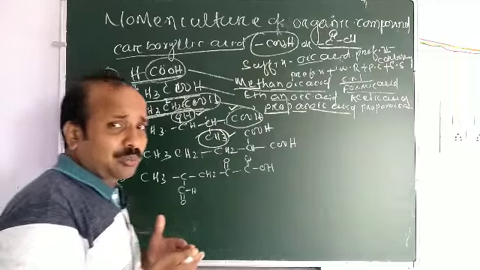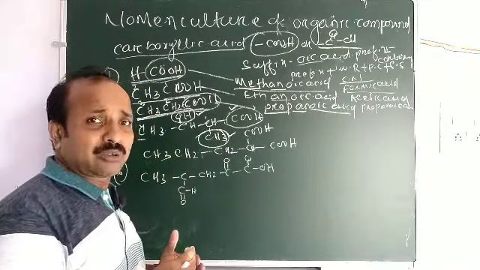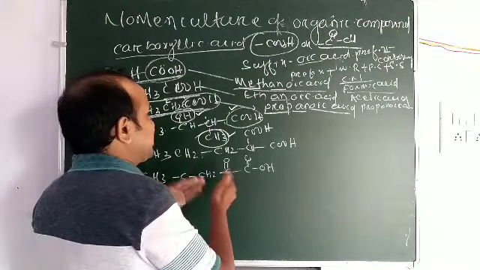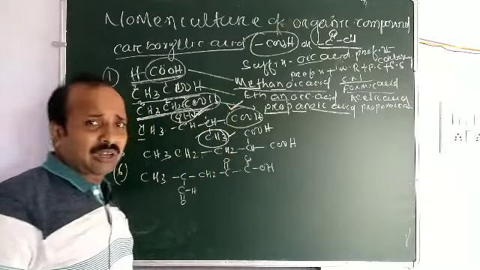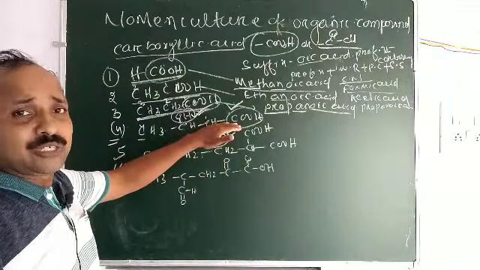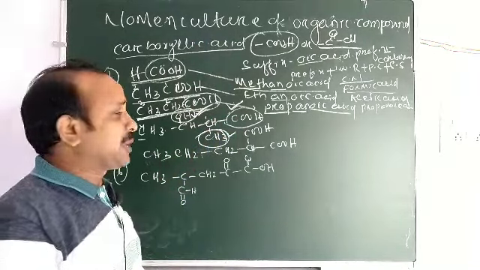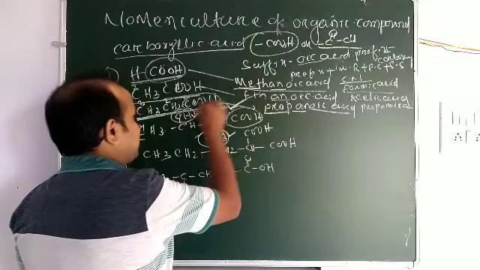When two functional groups come, you think about the priority of functional groups. Which has more priority between carboxylic acid and alcohol? That is carboxylic acid. We have already written the different functional groups according to their priority order, so this is higher priority than alcohol.